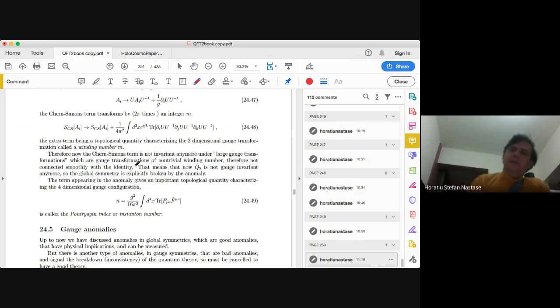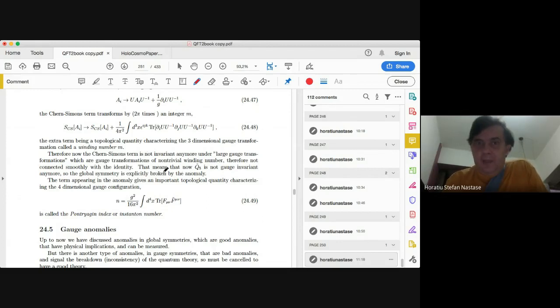So what that means is that these gauge transformations wind non-trivially around the space at infinity. That's why they are large, because they wind. That means that they're not smoothly connected with the identity. You cannot deform the parameters in U smoothly to go from U to 1.